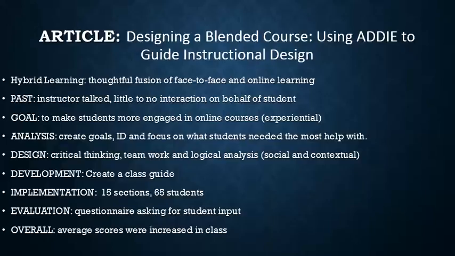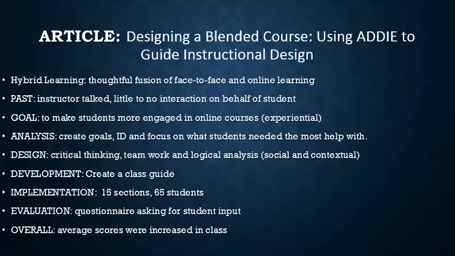Moving forward, they created a class guide to help students, and they implemented this with 15 sections and 65 students, so it was a large sample. When it came time to the evaluation, there was a questionnaire portion asking for student input, and in their input, students responded well to this new type of learning environment.